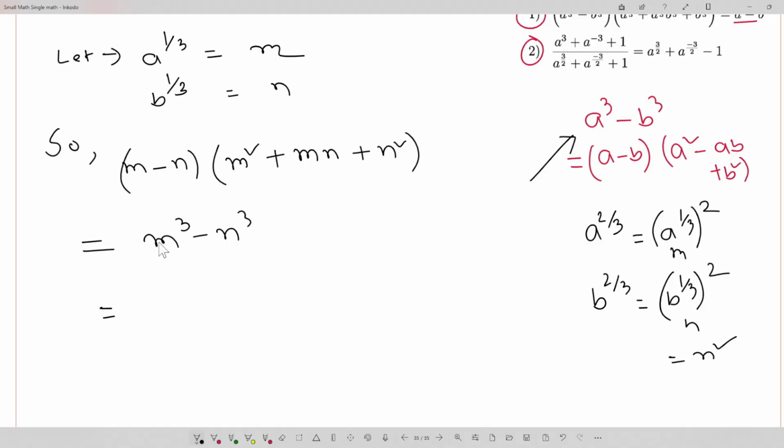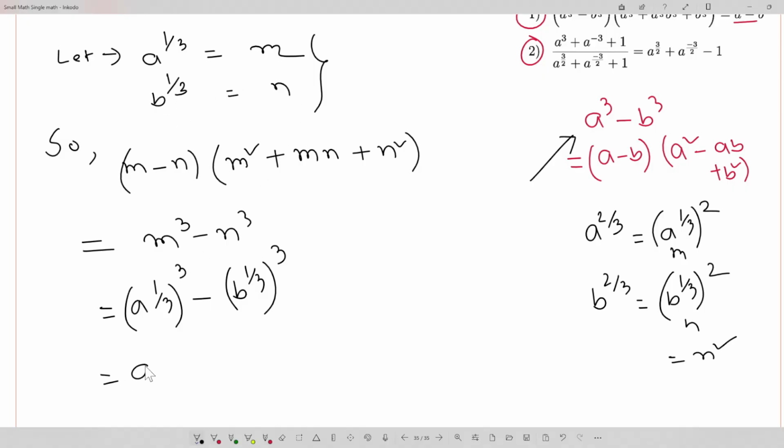Now look, m cube minus n cube. m means a to the power 1 by 3, so we can write (a to the power 1 by 3) whole to the power 3. Similarly, n means b to the power 1 by 3 to the power 3, because a to the power 1 by 3 means m and b to the power 1 by 3 equals n.